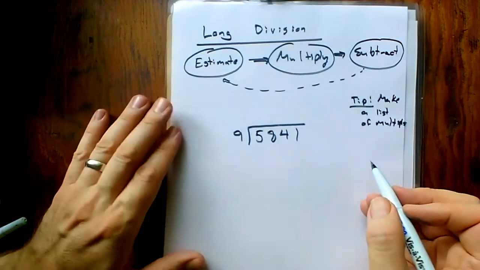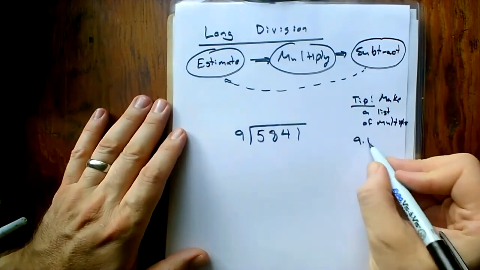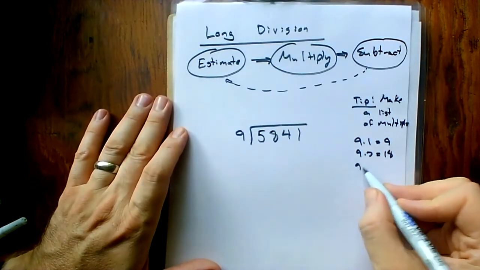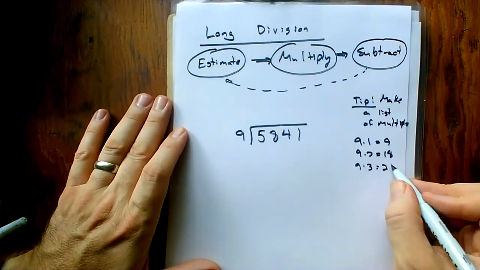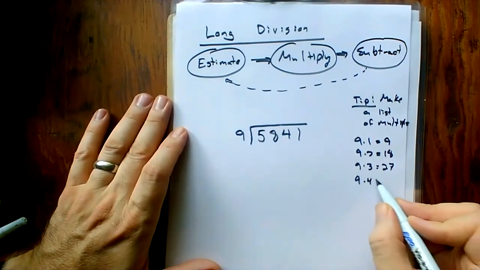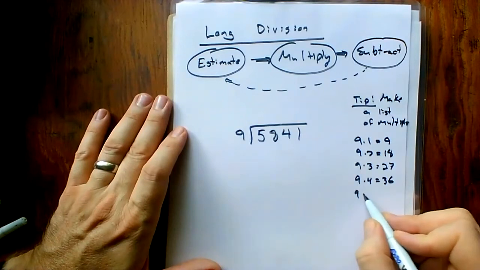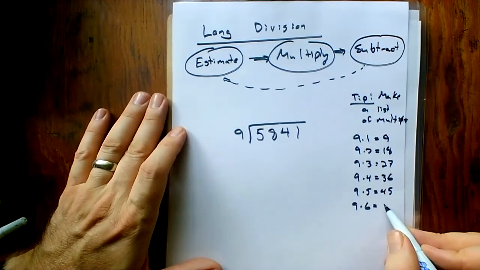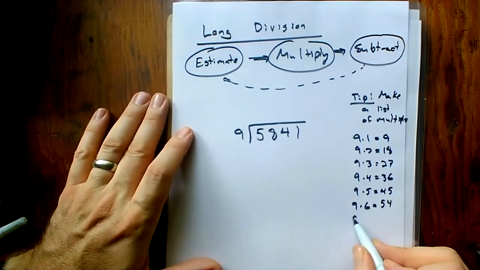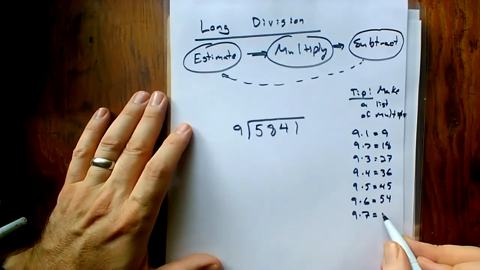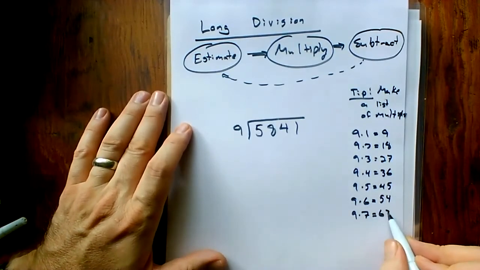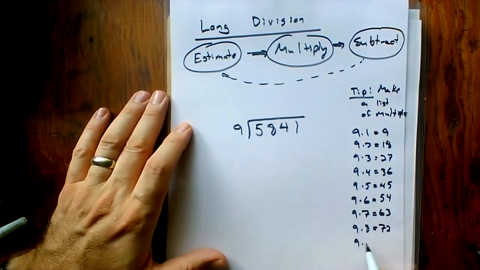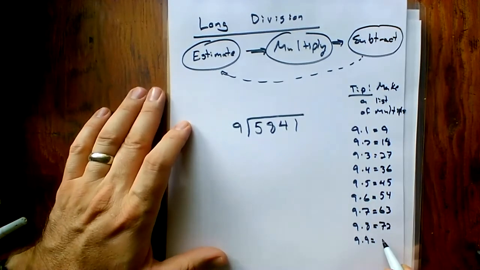This is something that can help you. If I think about 9 times 1 is 9, 9 times 2 is 18, 9 times 3 is 27, 9 times 4 is 36, 9 times 5 is 45, 9 times 6 is 54, 9 times 7 is 63, 9 times 8 is 72, 9 times 9 is 81.